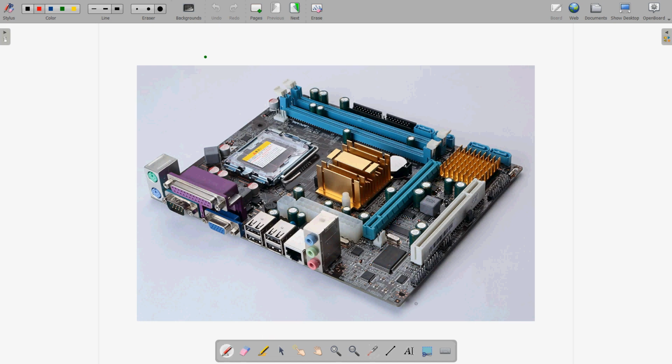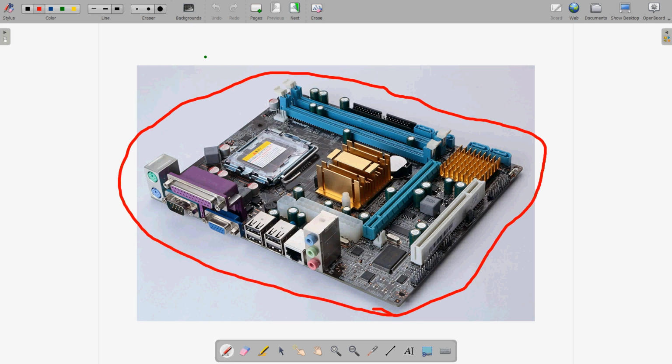So this circuit board, on which the different things are located, is called the motherboard. And here you can see there are different components, like this area, this is the processor, the CPU which we say, and this is the slot where we are talking about inserting the RAM. Clear? So these are the slots where the RAM are inserted.